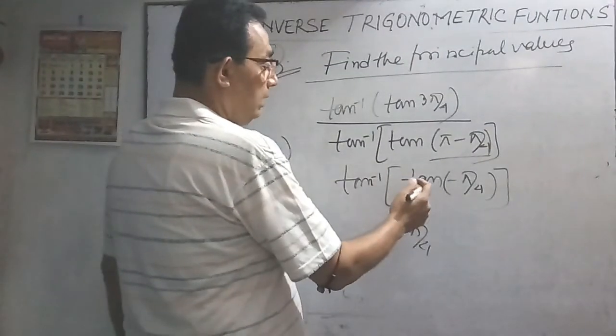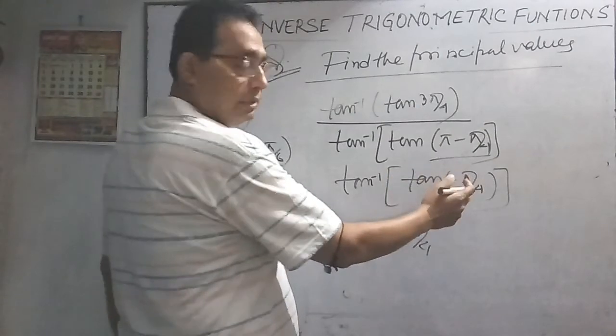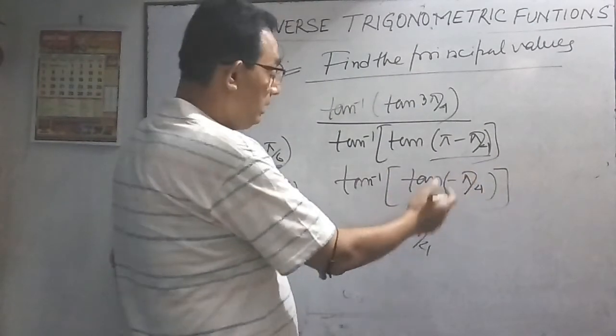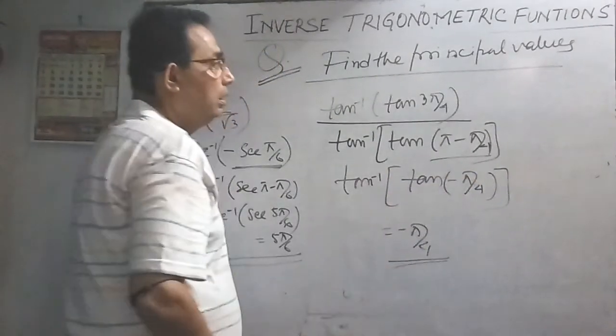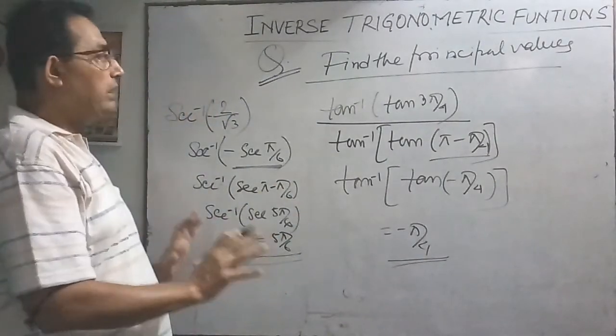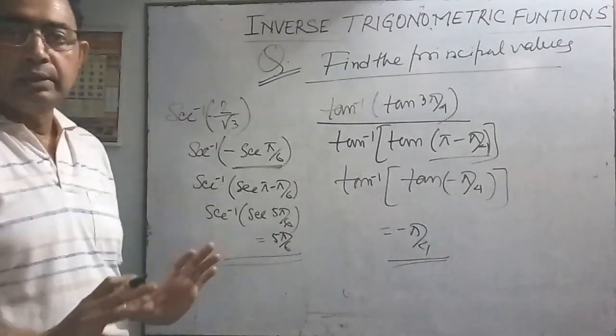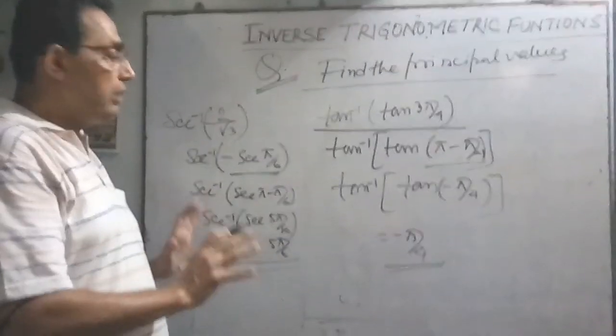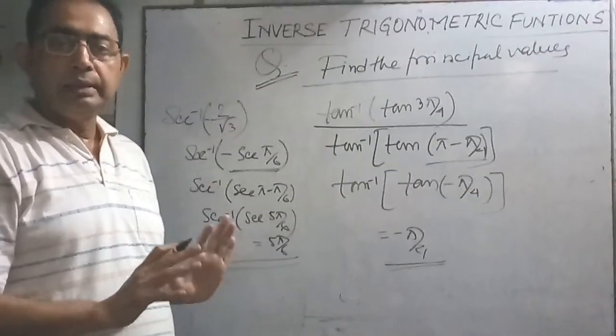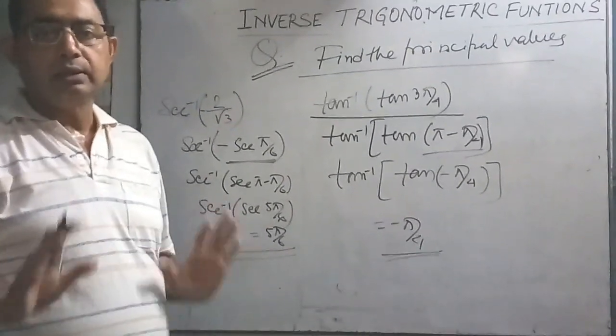Isn't it? Tan of minus theta is minus tan theta. It is minus pi by 4. I think you have understood how to find the principal values. Boys, do it as practice at home, you will be able to do it easily. Thank you.